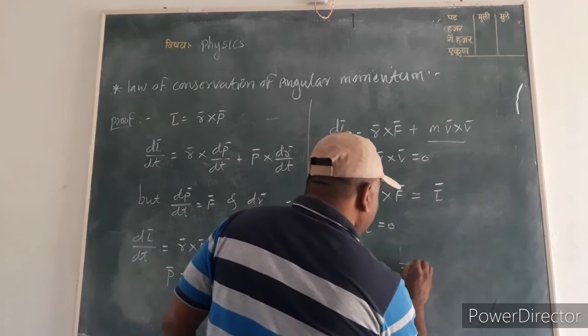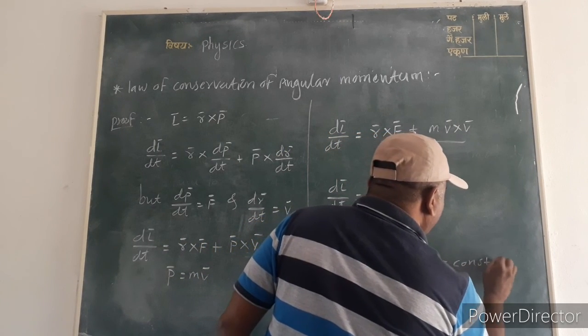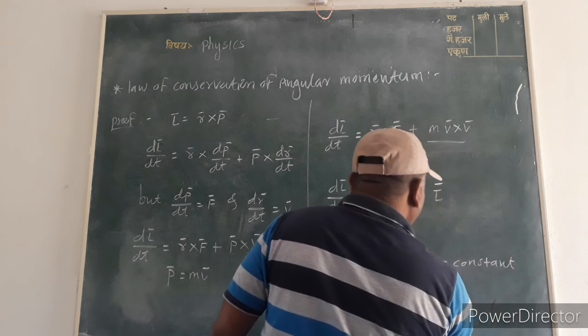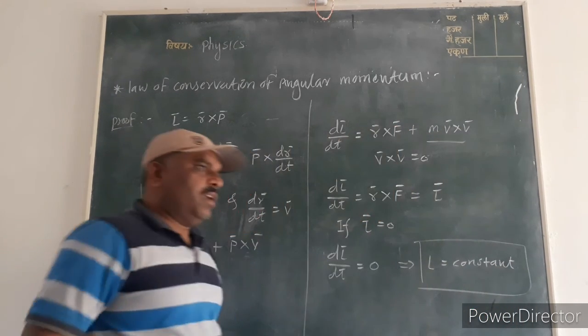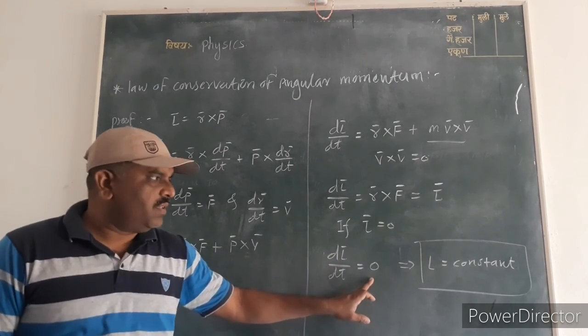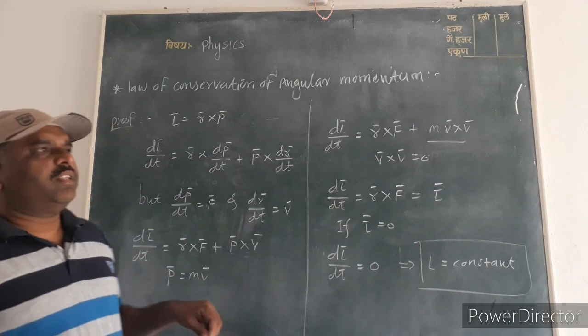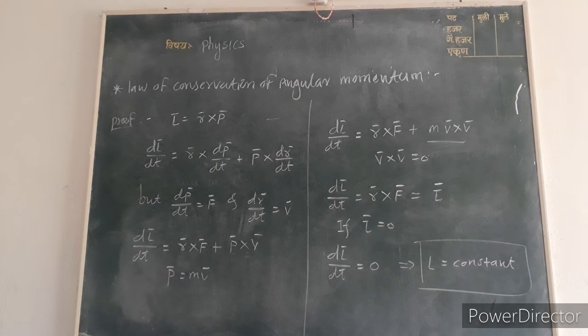Hence, L is equal to constant, where L is angular momentum. This is the law of conservation of angular momentum.